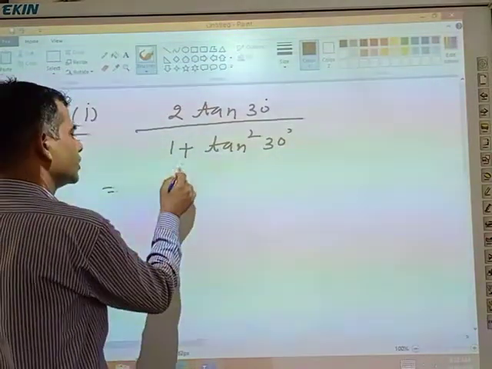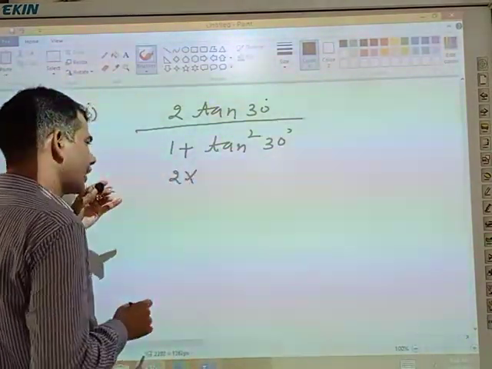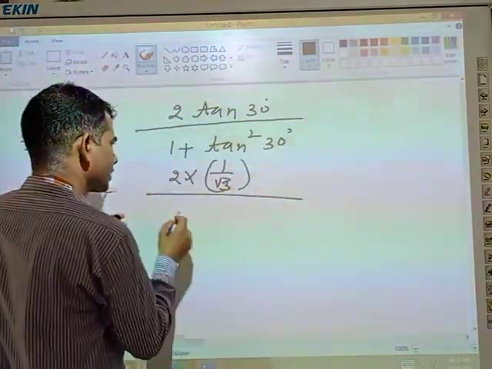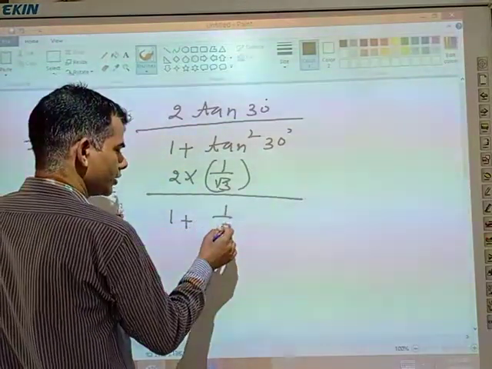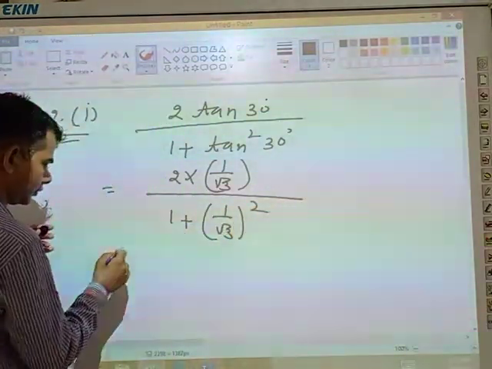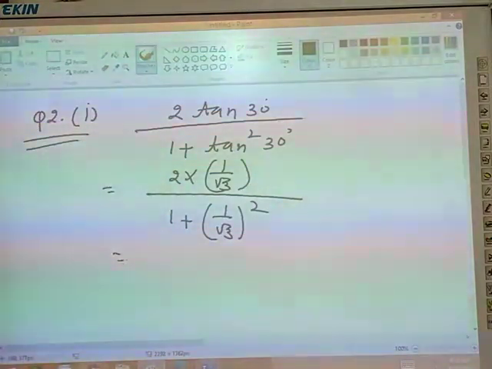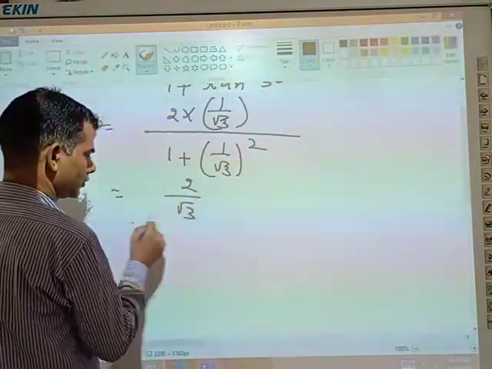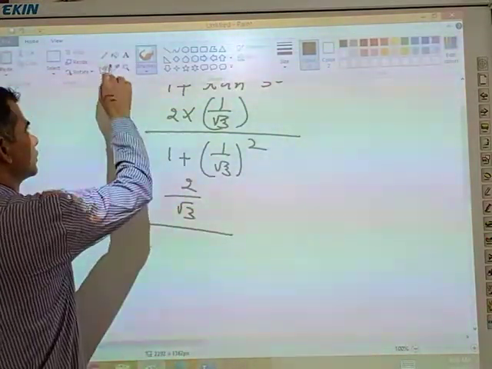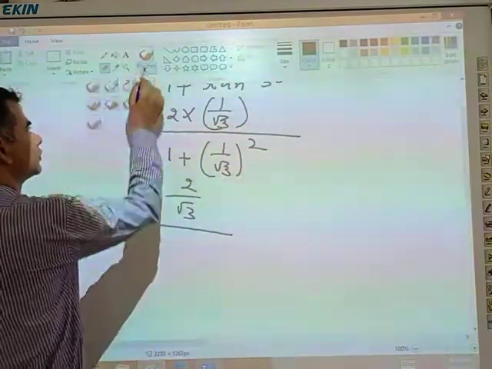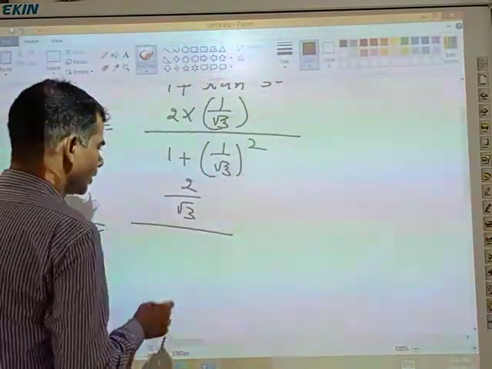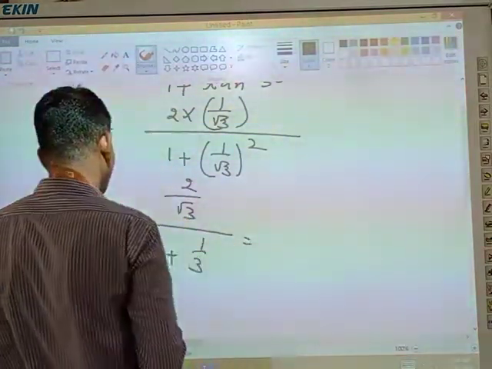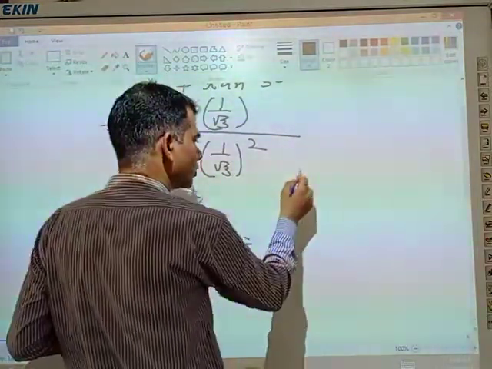Put the values. Tan 30 is 1 by root 3, sir. Yes, that is 1 by root 3 square. It becomes 2 by root 3, so it becomes 1 plus 1 by 3.